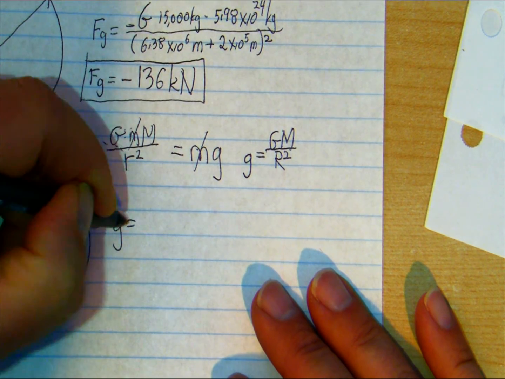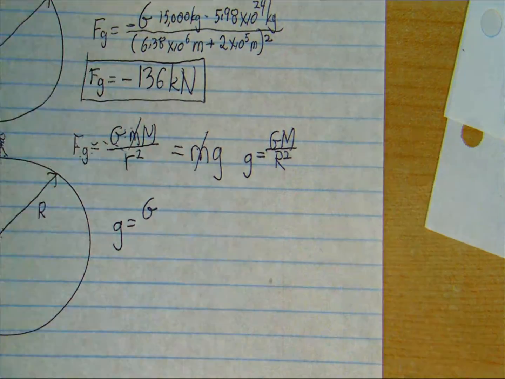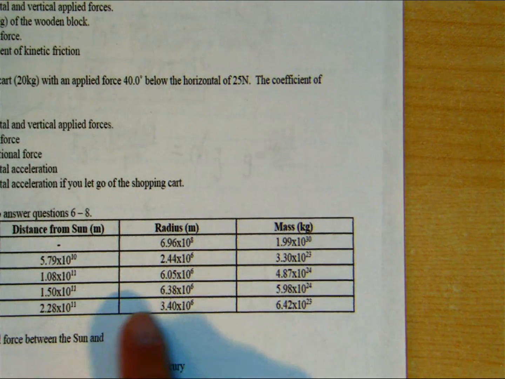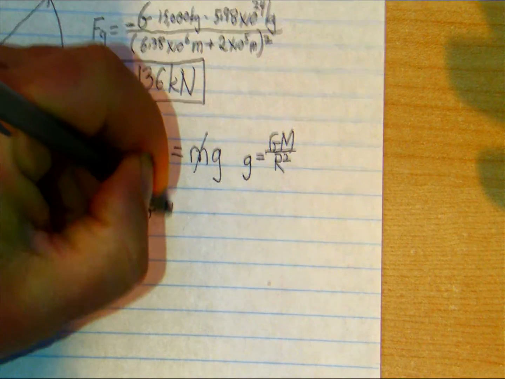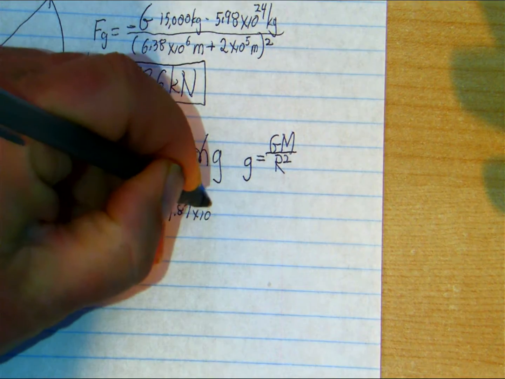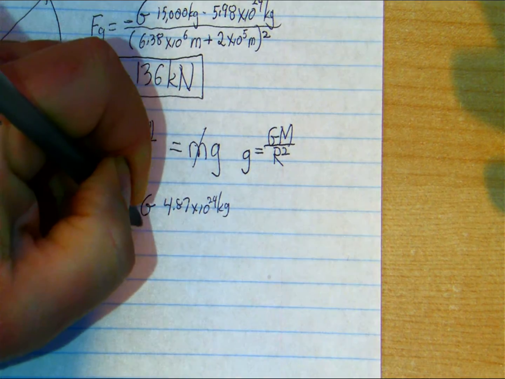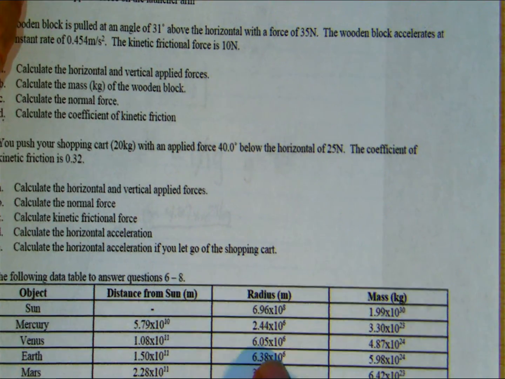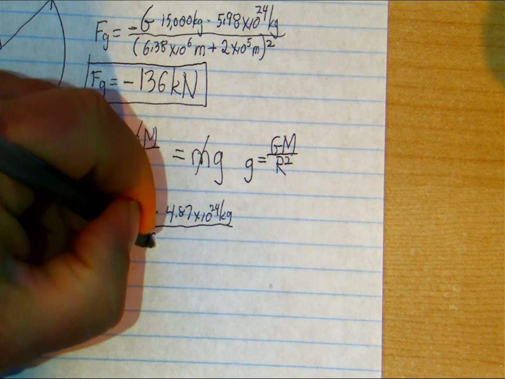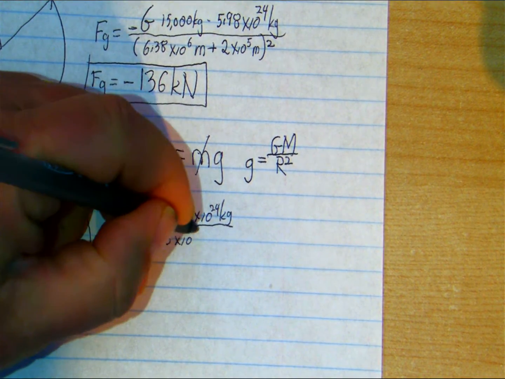The acceleration due to gravity is going to be G. Looking it up, the mass of Venus is listed as 4.87 times 10 to the 24th power kilograms. The radius of Venus is listed as 6.05 times 10 to the 6th power meters.